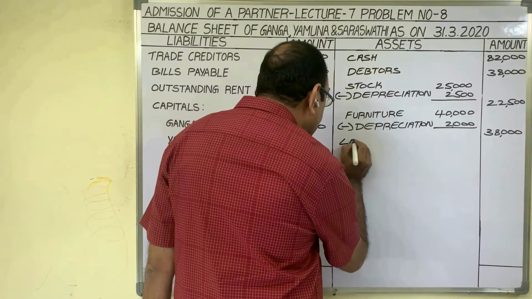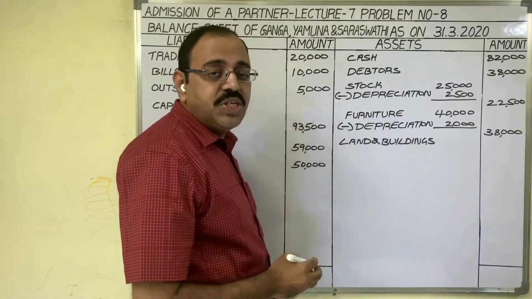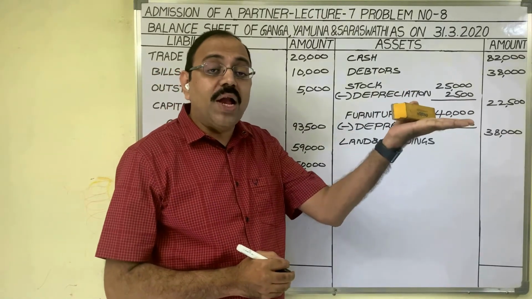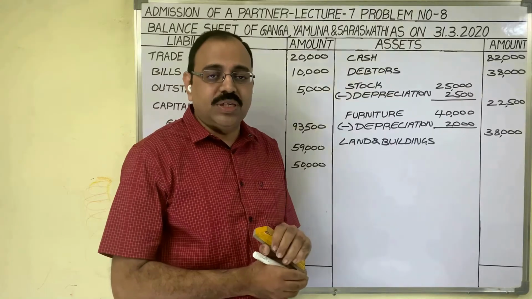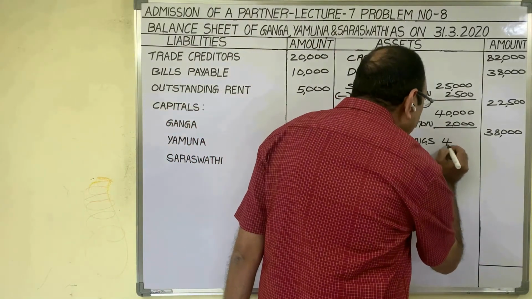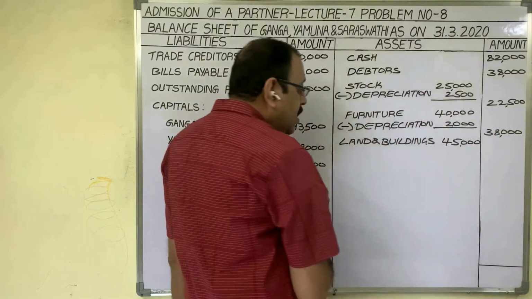Land and buildings book value is 45,000 rupees. And in revaluation of this asset, old partners came to know that market value is increased by 20%. So, in inner column, show the book value, old balance sheet value 45,000.